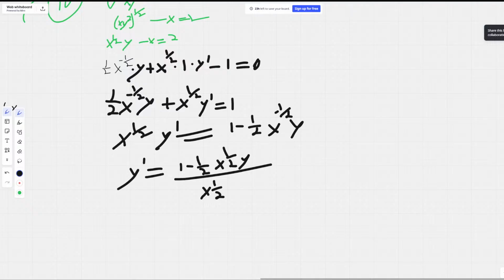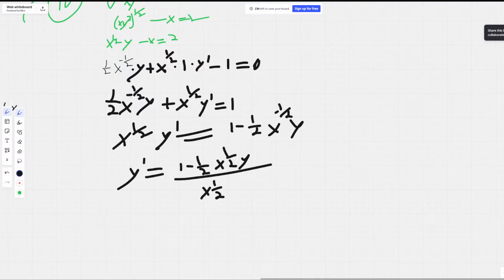All ending up being over, as in y prime equals 1 minus half xy over x to the power of 1/2.